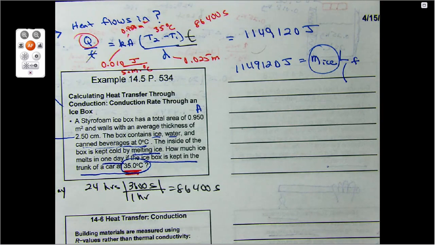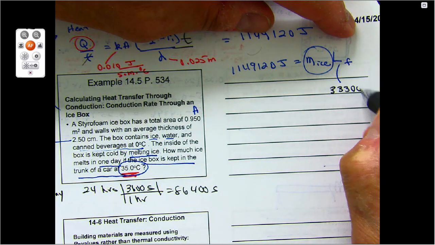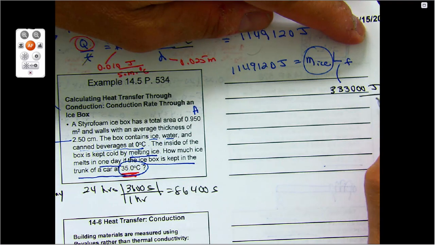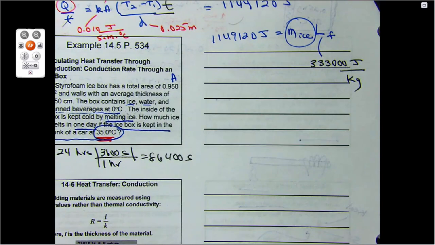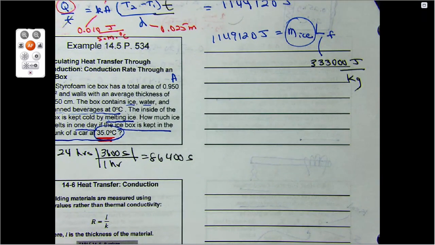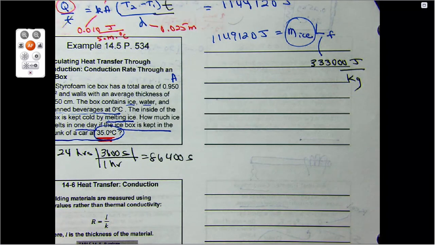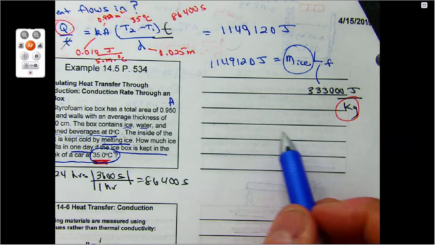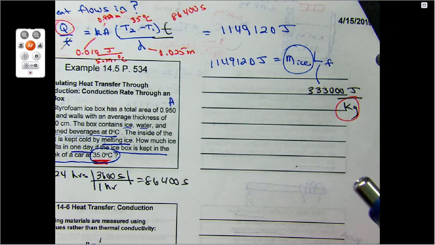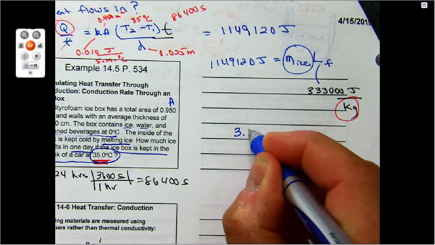So 333 kilojoules would be 333,000 joules. So if we divide this out, we're going to get kilograms, right? And our kilograms is going to be 3.45 kilograms.